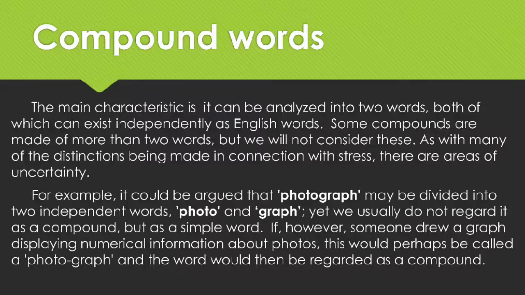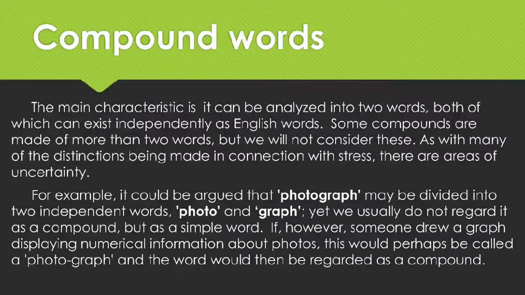7.4 Compound words. The main characteristic of compound words is that they can be analyzed into two words, both of which can exist independently as English words. Some compounds are made of more than two words, but we will not consider this. As with many of the distinctions being made in connection with stress, there are areas of uncertainty. For example, it could be argued that photograph may be divided into two independent words, photo and graph.